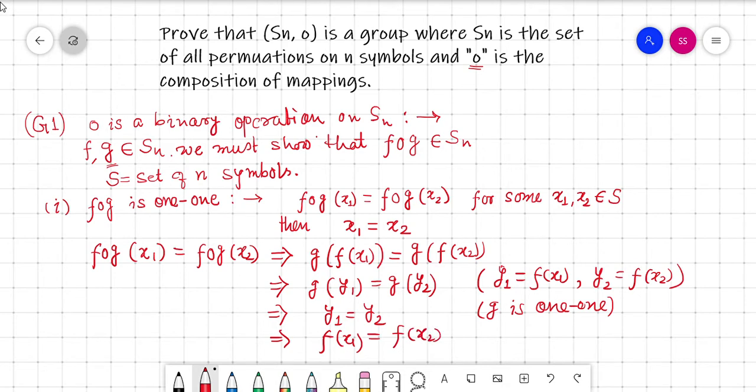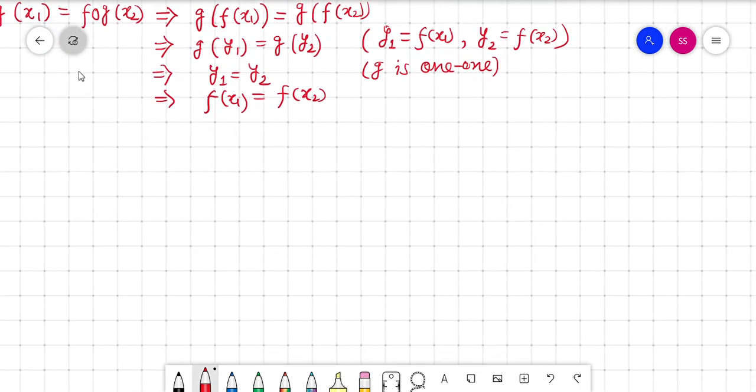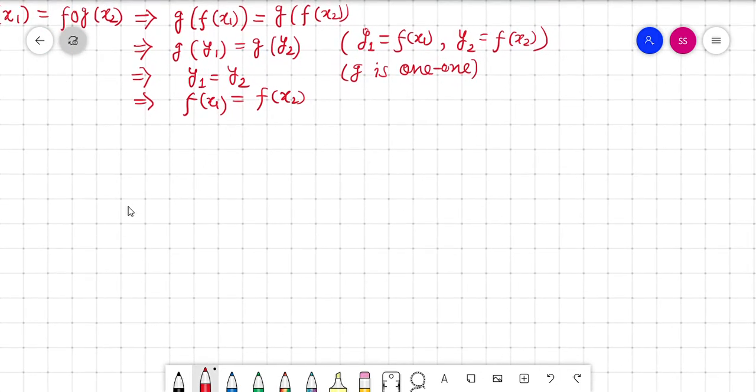Now what does it mean? The images of x1 and x2 are equal under the mapping f. So these 2 elements must be equal. Why? Because f is also 1-1.